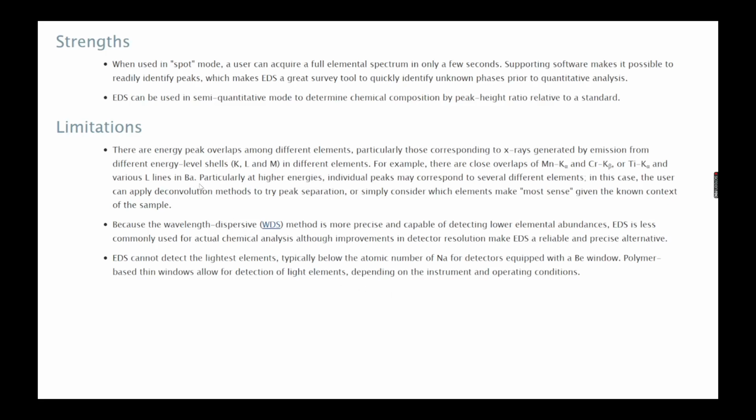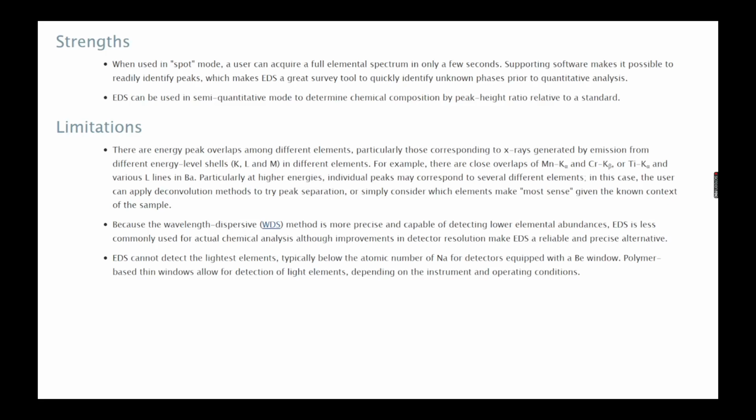Particularly at higher energies, individual peaks may correspond to several different elements. In this case, the user can apply a deconvolution method to try peak separation. So sometimes peaks overlap, and there are many ways that you can separate them.